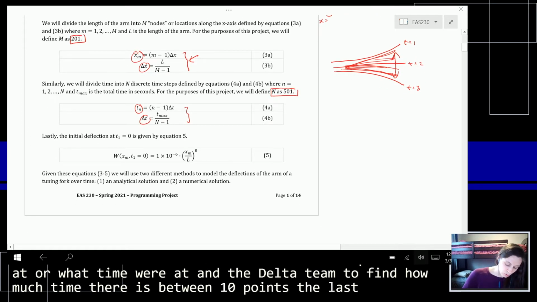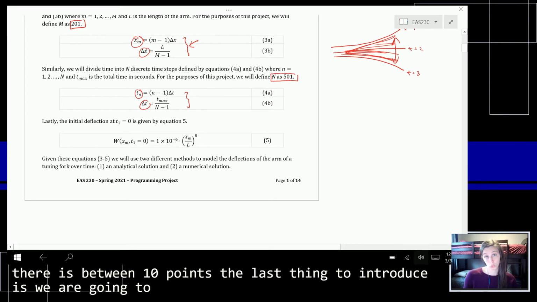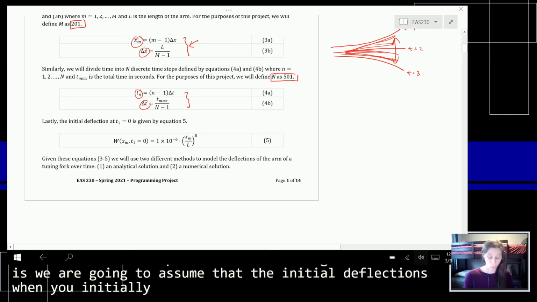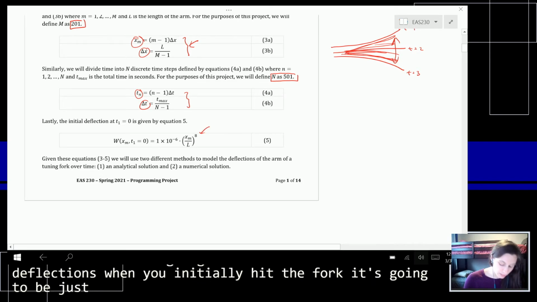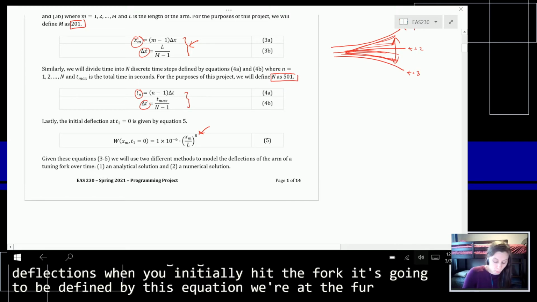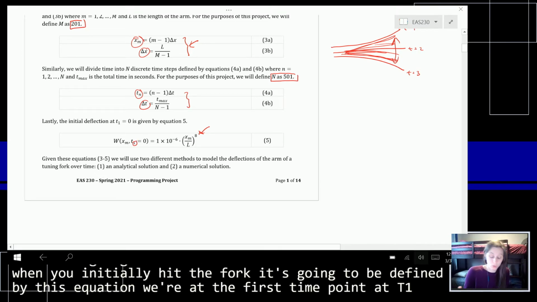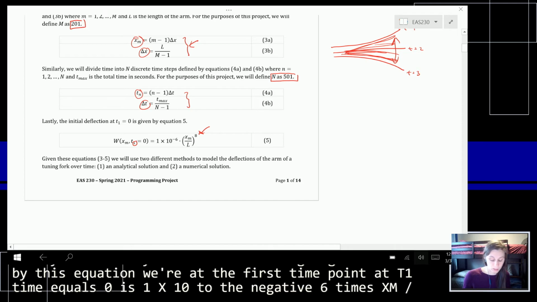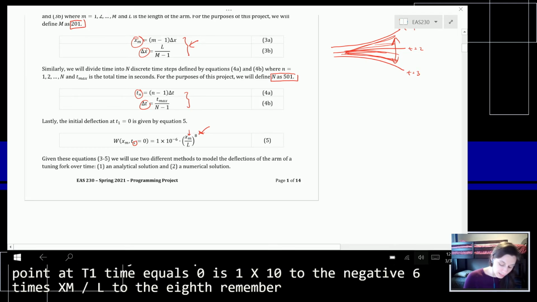The last thing to introduce is we are going to assume that the initial deflection, so when you initially hit the fork, is going to be defined by this equation, where at the first time point, t1, time equals 0, it's 1 times 10 to the negative 6 times x_m over L to the 8th. Remember, x_m is that vector.